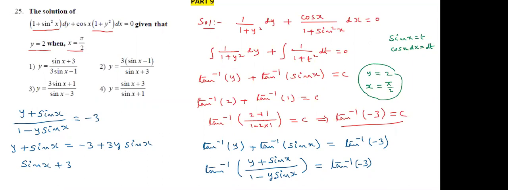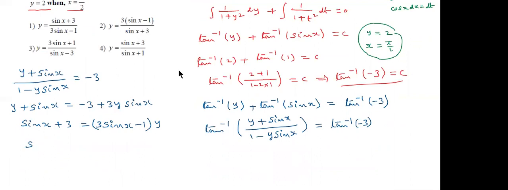That is equal. And y send right hand side. Take common y. What we get? 3 sin x minus 1 into y. Left hand side y, send right hand side and take common. Finally, what is the answer, students?